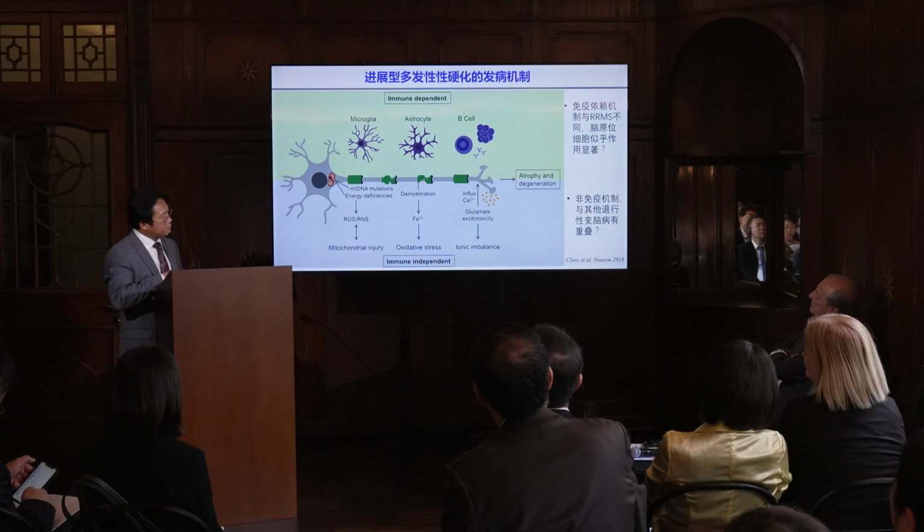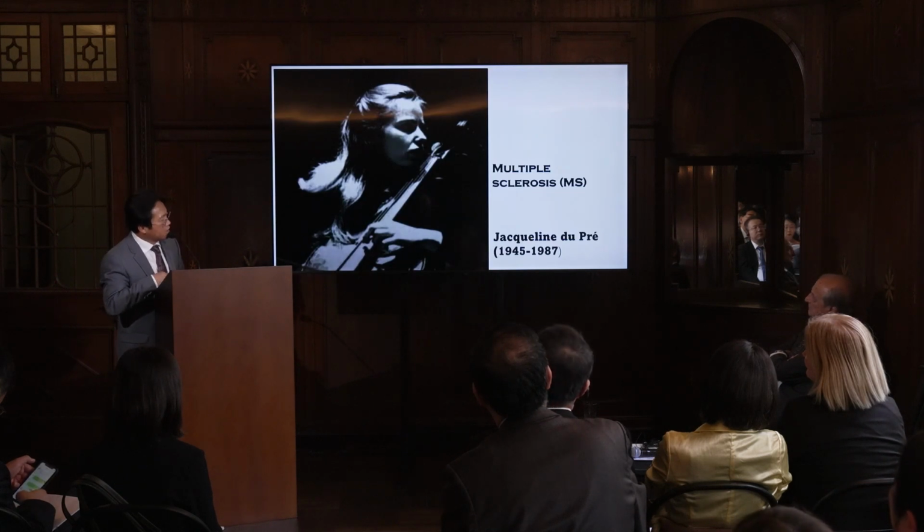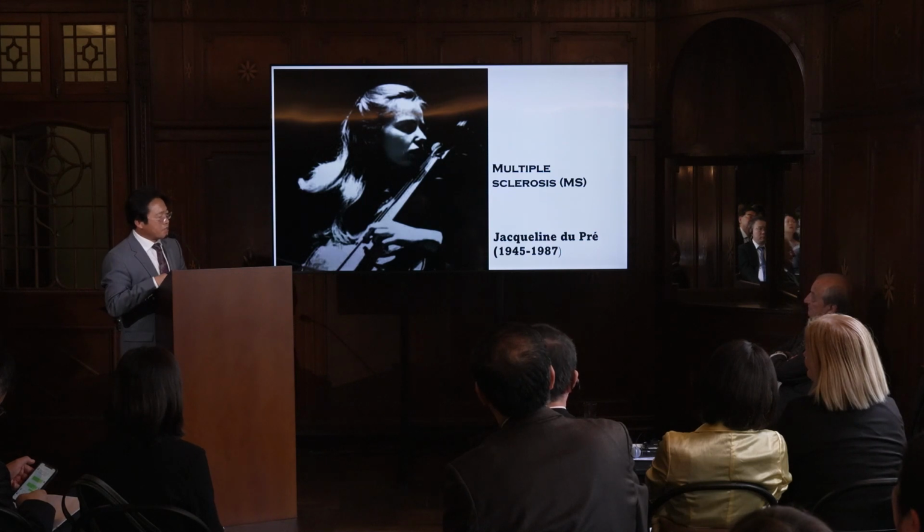I would love to have Dr. Chen's approach to study her lifespan in her approach. But you can see during the age of the 1987, we don't really have any disease modification therapy.